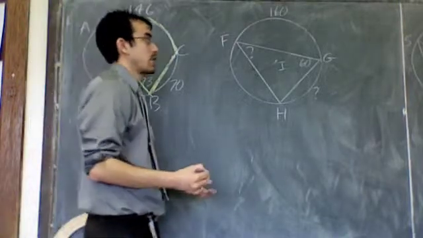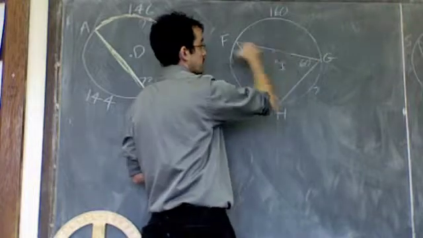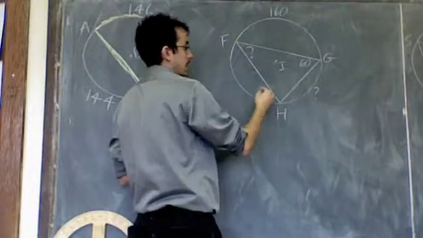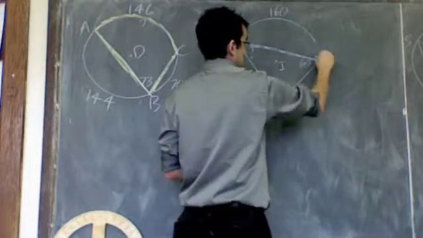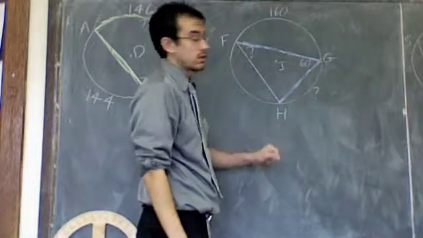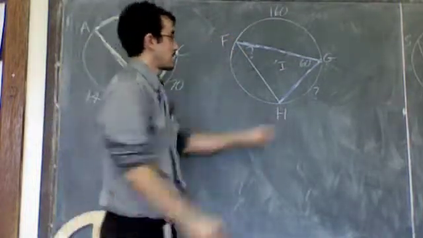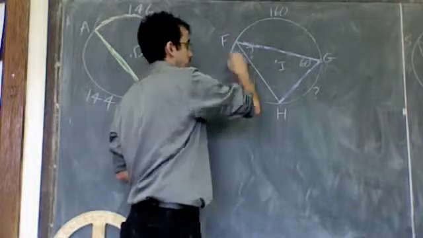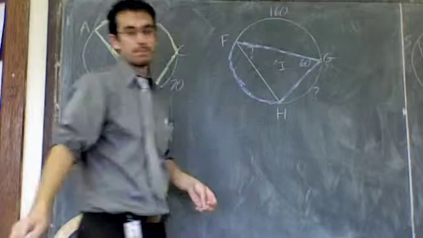So let's start with an inscribed angle we have. Here's an inscribed angle, FGH. I'm going to trace it. I see my vertex is at G, and the arc that it cuts off, its intercepted arc, is FH. So color that in. The coloring is really optional, but it does help you see them.